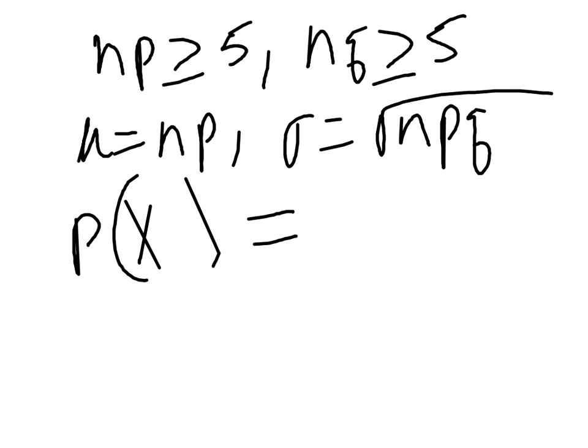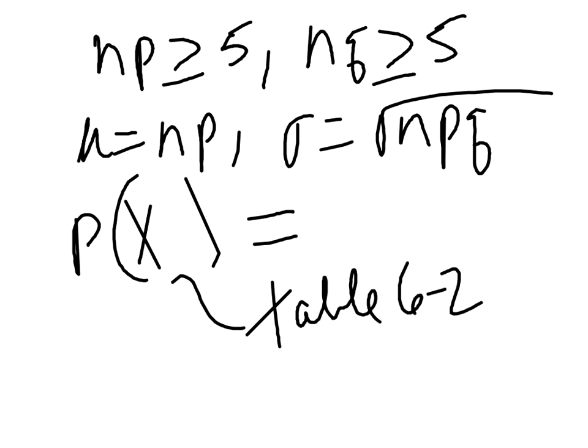Then put a continuity correction on it, and you're going to do that by adding or subtracting 0.5 like we did in chapter 2 for continuity. In other words, we'll just refer right back to the table on the bottom of page 355, that's table 6.2. Then find the corresponding z-value and then find the solution.